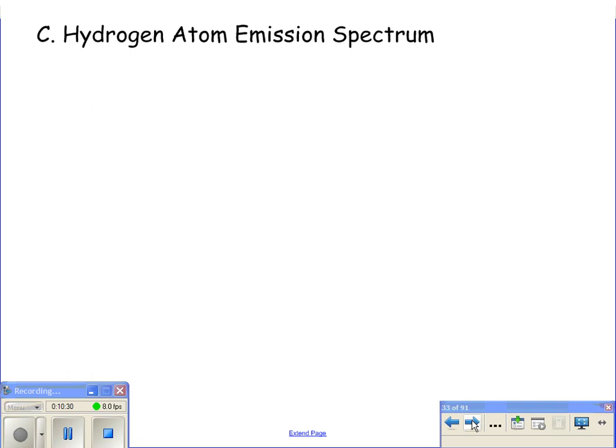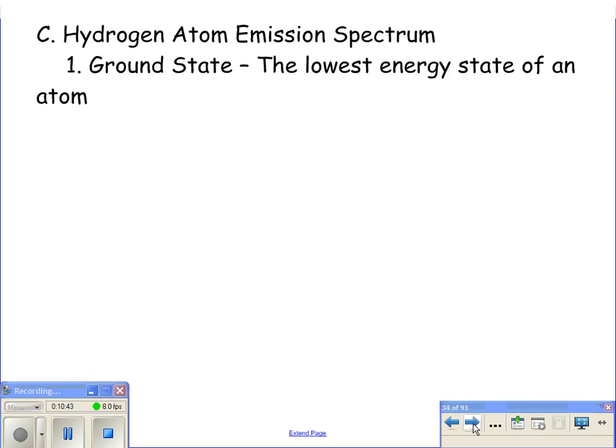Einstein and Bohr were working with hydrogen and looking at the spectrum of elements. They felt that if an electron was just electricity, then our light energy must have something to do with the electrons.